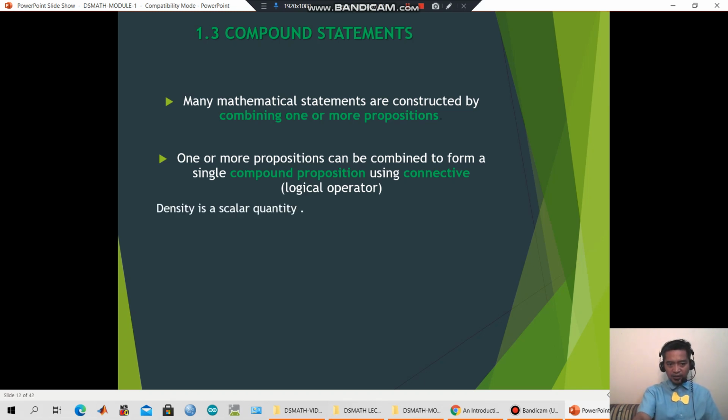Okay, for example, let's have this statement, density is a scalar quantity. Okay, so first statement. And then, the second statement is unit of density is mass per unit volume or mass over volume. Mass over volume.